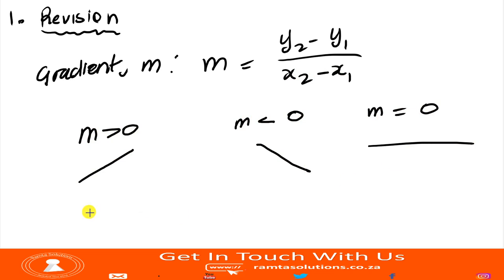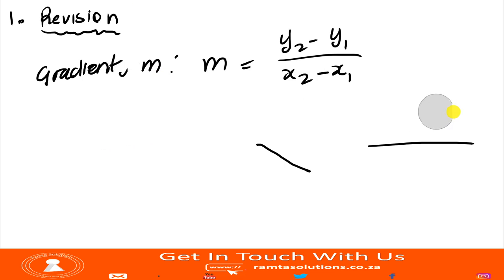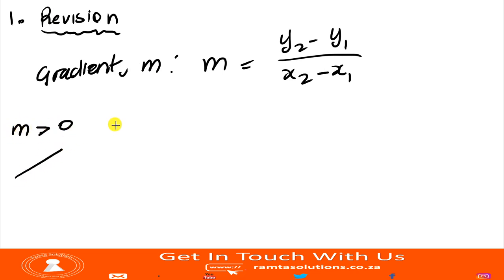I think I should also add when M is undefined. So we said when M is positive, your line looks like this. When M is negative, your line looks like this. When M is 0, your line looks like this.